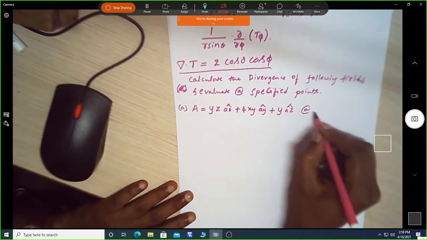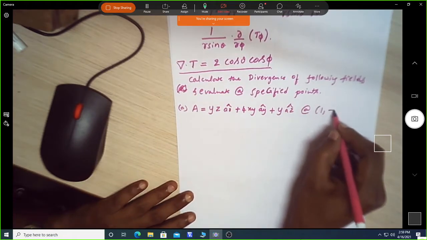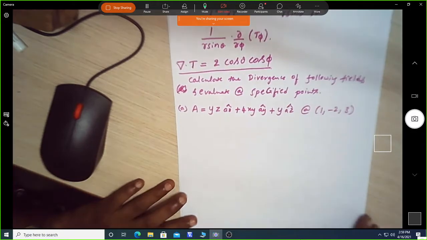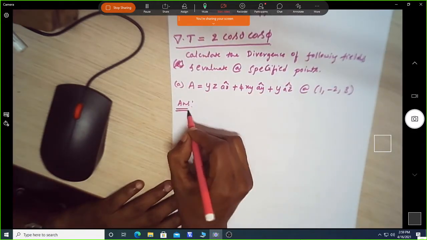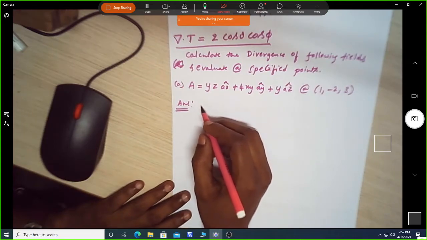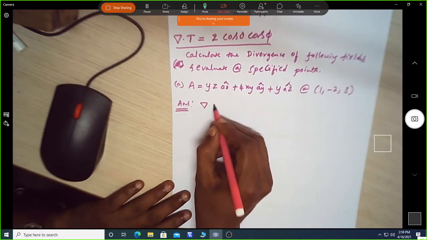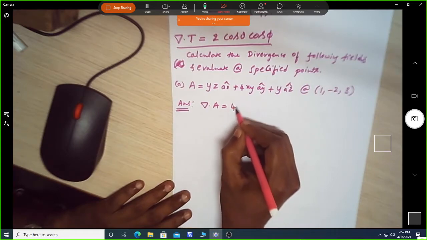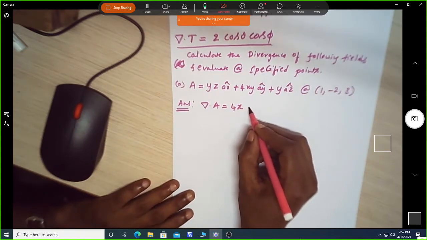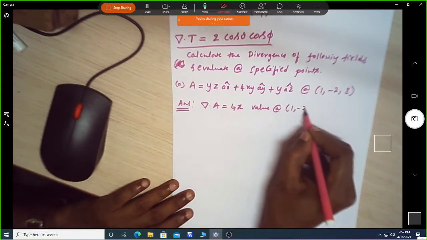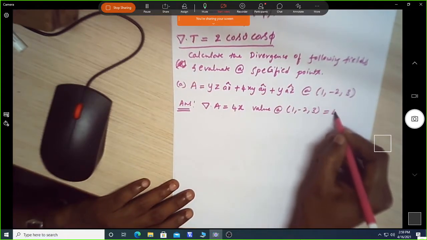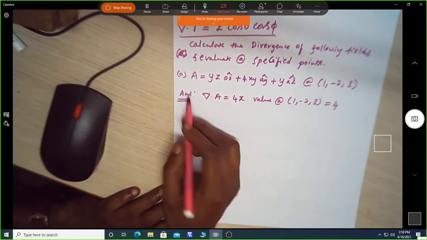We have to evaluate this at the point 1 comma minus 2 comma 3. Just evaluate and check it. This will give del dot A equal to 4x, and the value at 1 comma minus 2 comma 3 is equal to 4. Okay, so this is the answer.